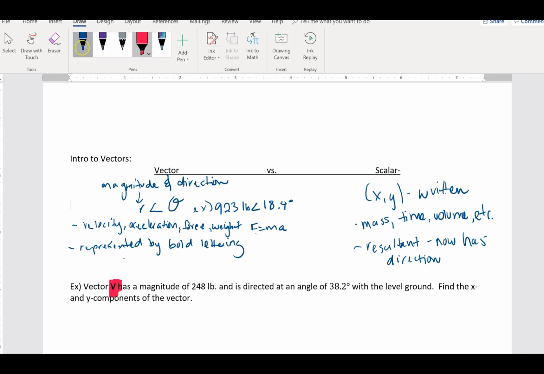You can see that bold V right there. In your homework, they will denote vectors by an A, and it will not be bold. In vectors, the magnitude is the hypotenuse.